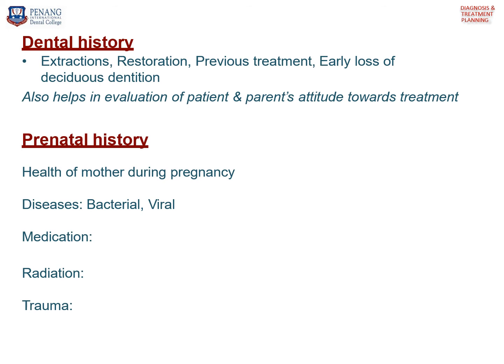As you all know, a mother with good health, or any deficiency, definitely affects the child in the womb. So diseases, bacterial and viral, any medications, radiation and trauma. All these things are very, very important for you.